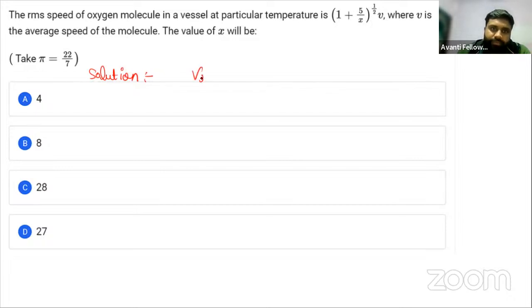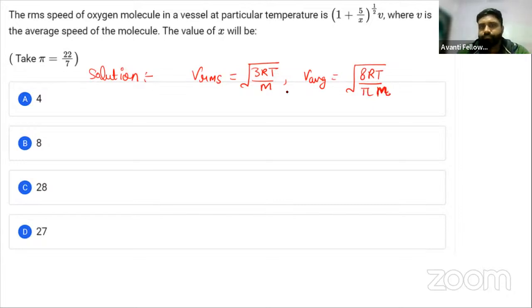So we know that VRMS is equal to square root of 3RT upon M, and V average is equal to square root of 8RT by pi M. Okay, got it? So I will be solving it.